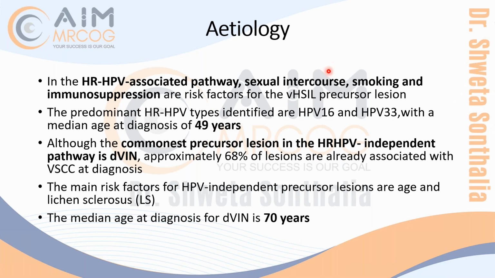In the exam, sometimes they ask which is the most common type of HPV which leads to VIN and cancer. So HPV 16 is what you should choose as the high risk HPV which leads to VIN, followed by cancer.